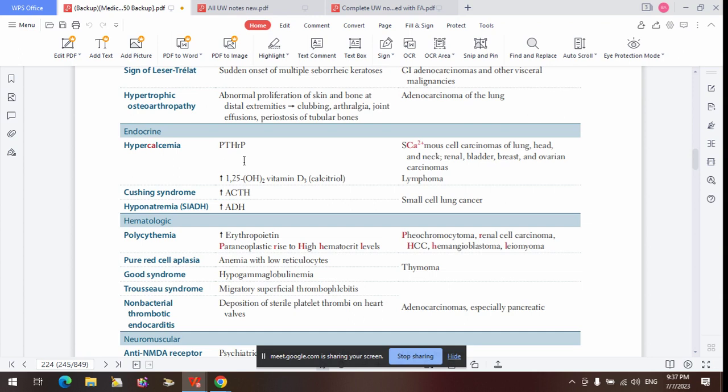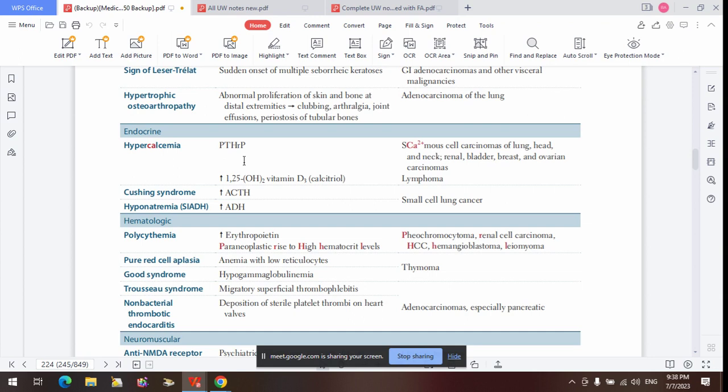If there is hypercalcemia in someone that has lung cancer, there's a lung mass, and the person is having hypercalcemia, you are thinking of parathyroid hormone-related peptide. So we should not forget squamous cell carcinoma of the lung typically releases parathyroid hormone-related peptide.